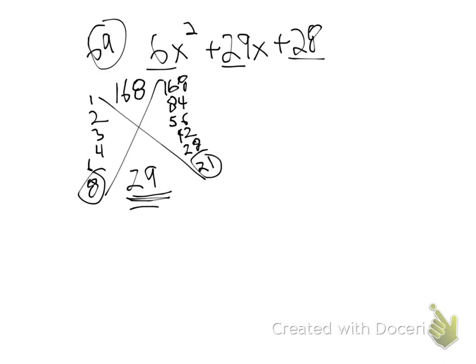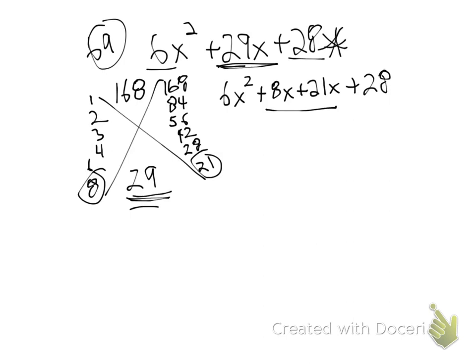So we split our middle term up, that 29x, into 6x squared plus 8x plus 21x plus 28. Do you guys see that 8x plus 21x is just 29x? So all we're doing is rewriting this problem, but splitting that middle term up. Factor the greatest common factor out of the first two, and then the second two.